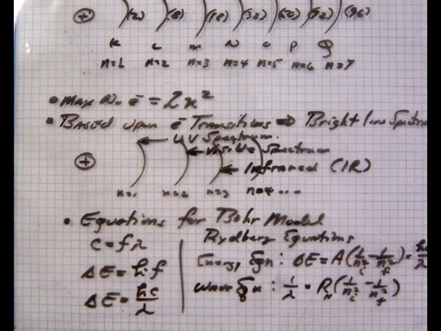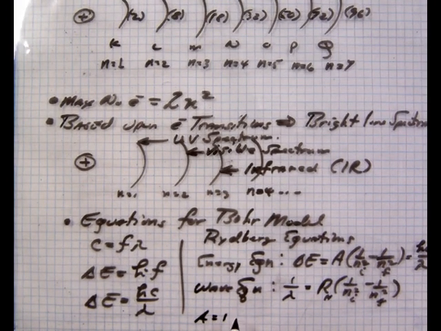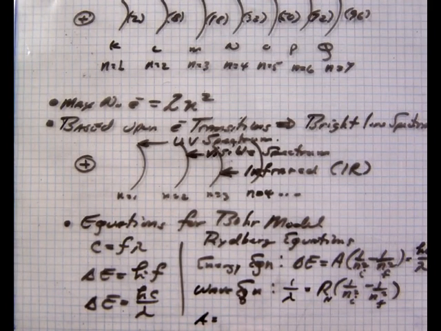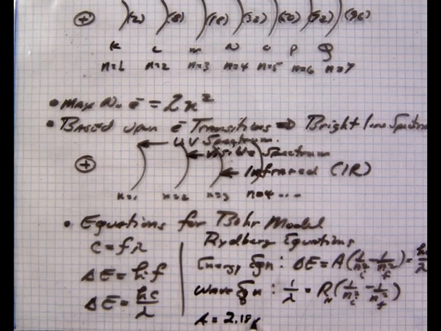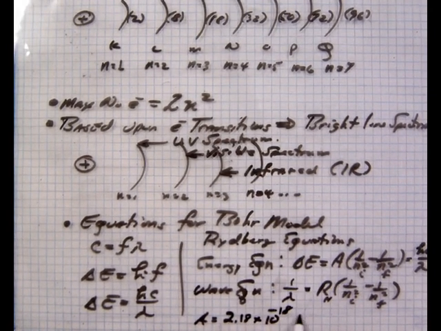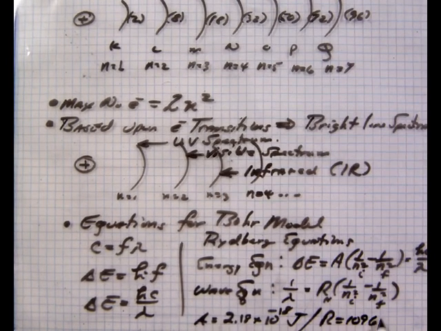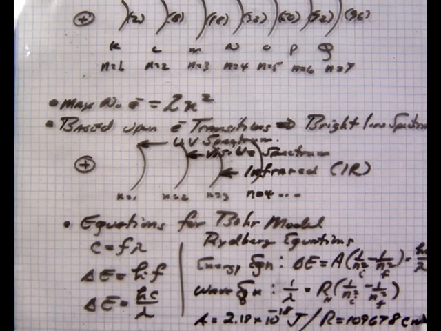As a matter of fact, the reference sheet I gave you this morning, you can scurry around in that and you'll find it if you look. A is, I have to look it up sometimes myself, I think 2.18 times 10 to the minus 18th joule. And the R value is 109,678 reciprocal centimeters.